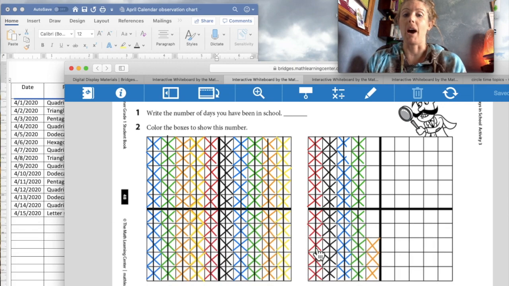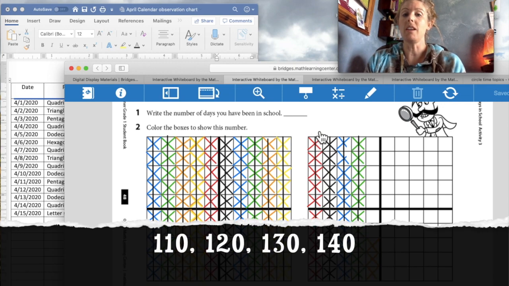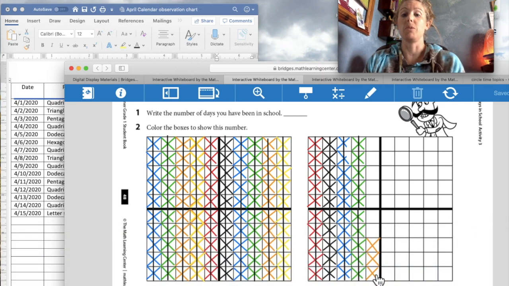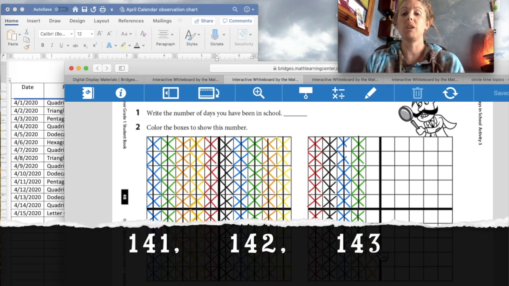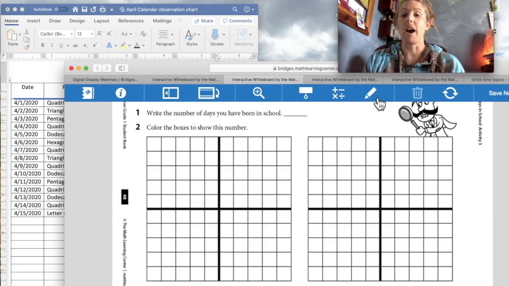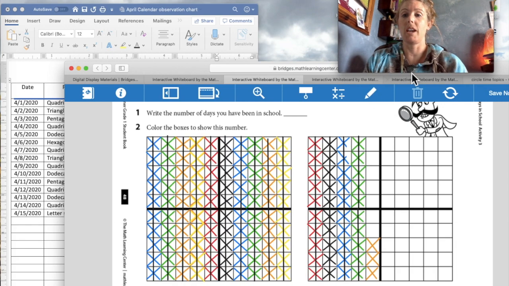And I can continue on with my columns of 10. 110, 120, 130, 140, counting by ones, 141, 142, 143, and we need to add one for today.